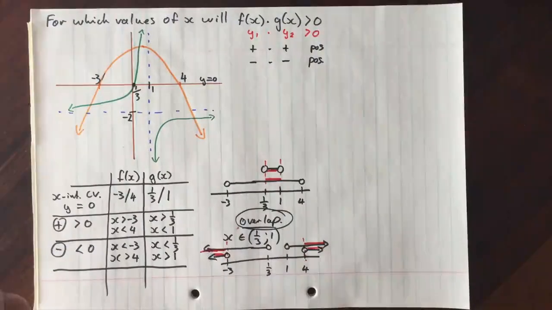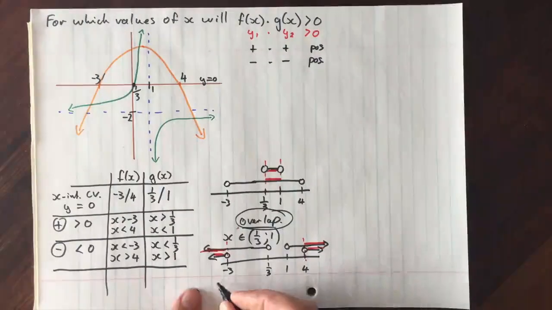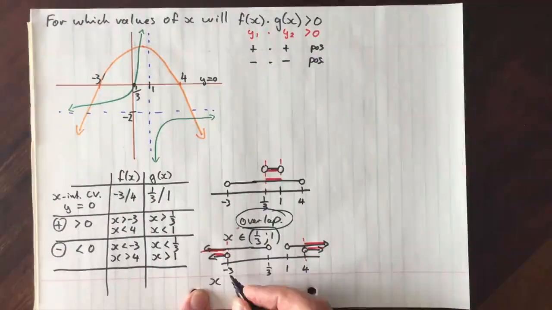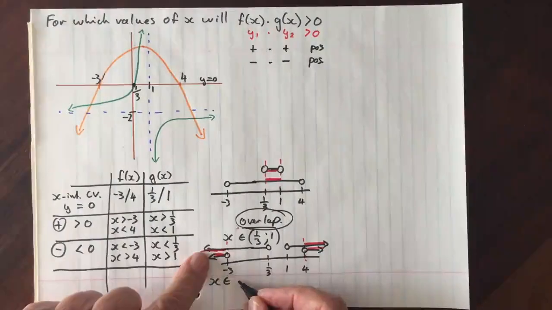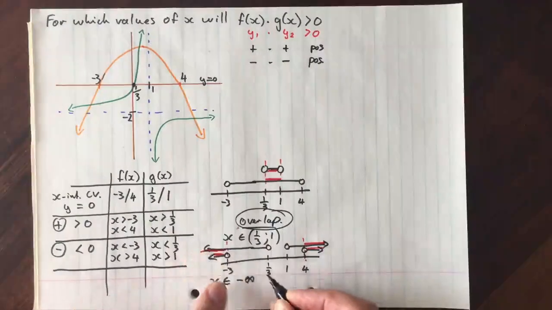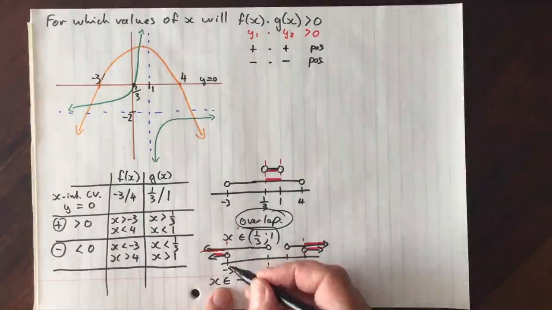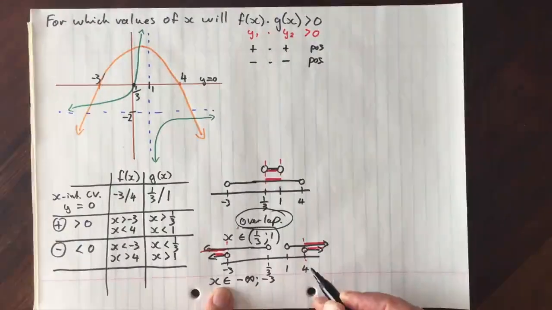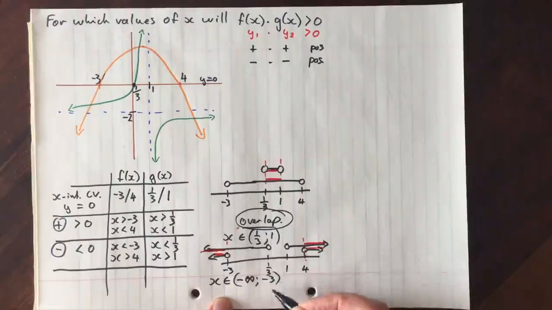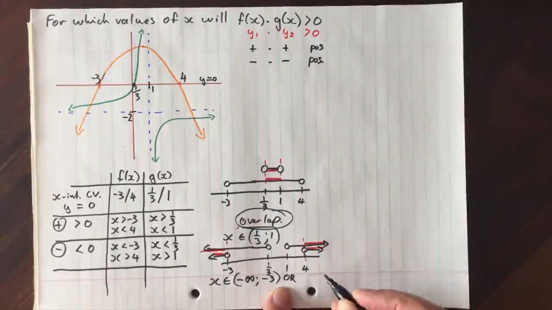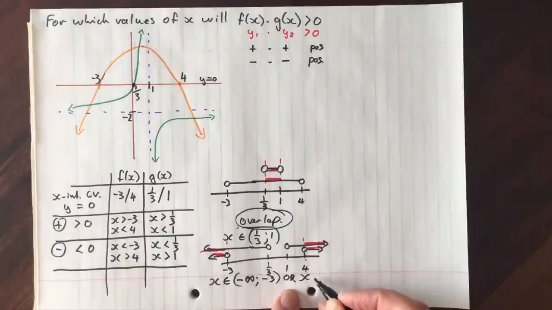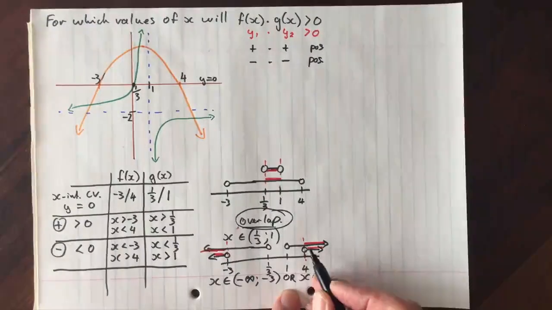So let's write them down. We have x an element of, starting from -infinity up to -3. Open brackets, they are not included. And let's see here, or x an element of, so let's check this one out.